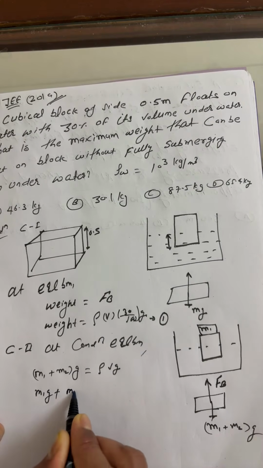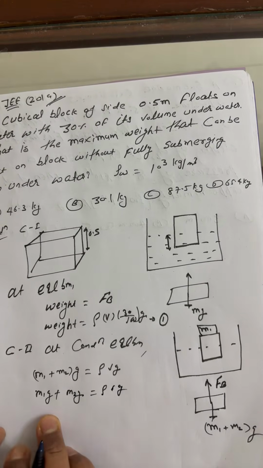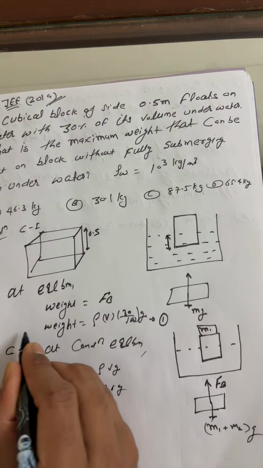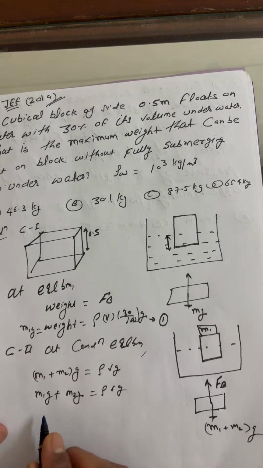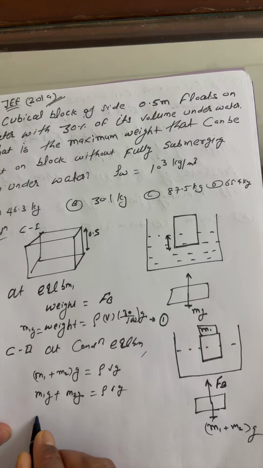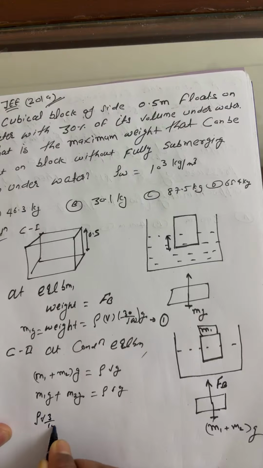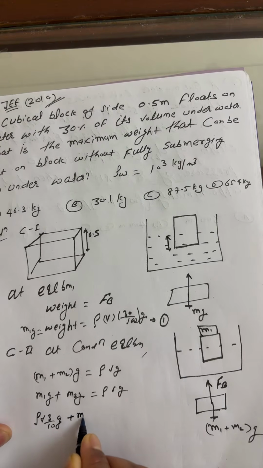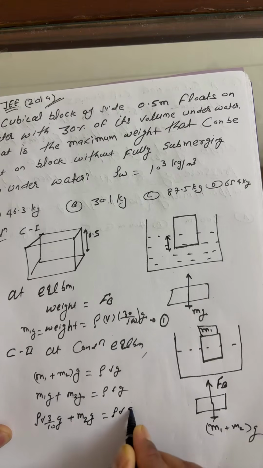M1g plus M2g equals rho Vg. M1g is rho V times 3 by 10 into g, so we can put the value over here. Plus M2 into g equals rho Vg.